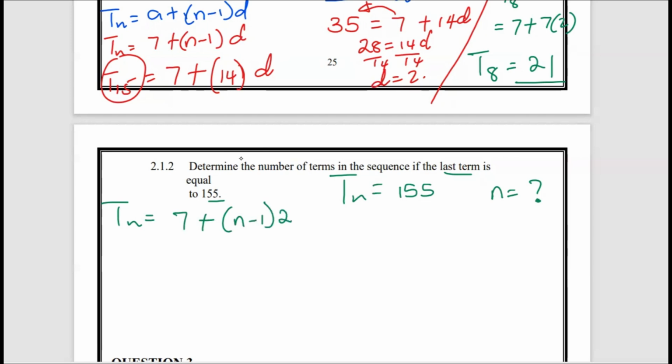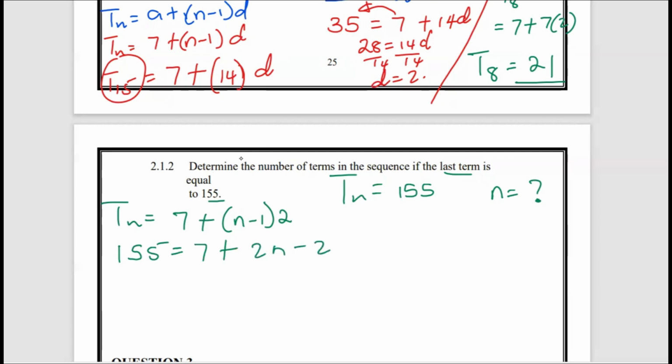If we are to open this up, it will be 7 plus 2n minus 2. Do I need to do all of that? No, it's not really necessary. I can just do the substitution straight away. So where there's Tn, I'll replace it with 155, which is equal to 7 plus 2n minus 2.